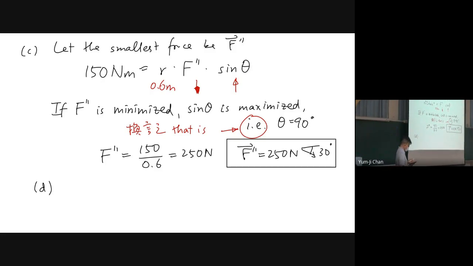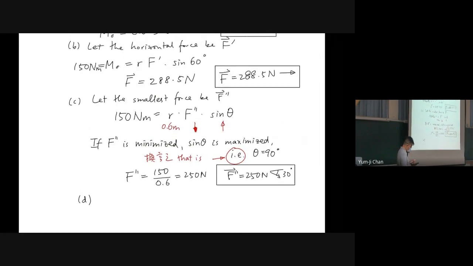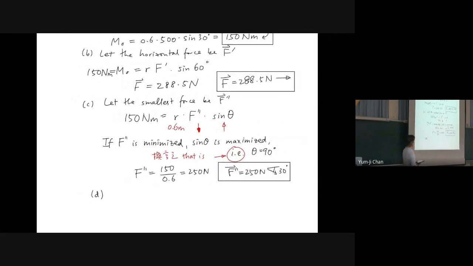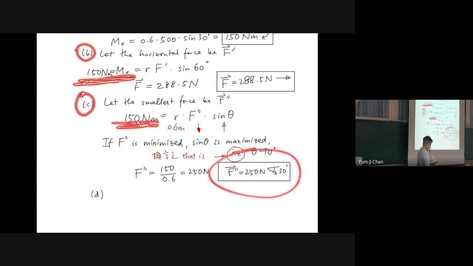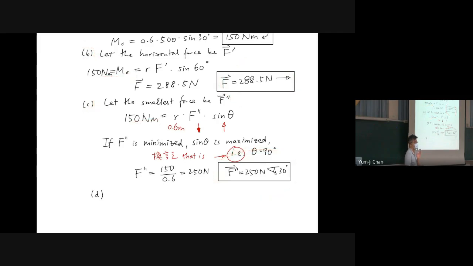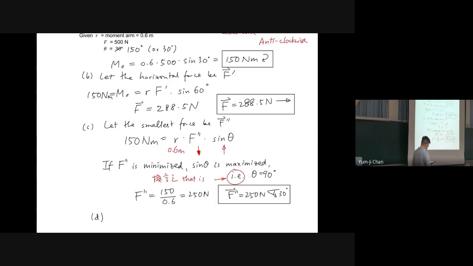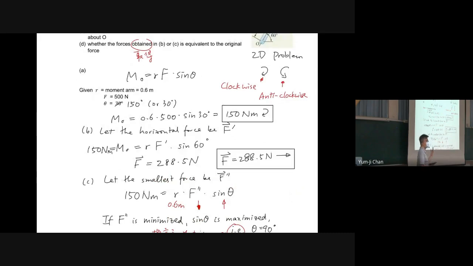In part B and part C, we have fixed the moment to be the same. The moment is the same, but the forces are different. In part D, are we talking about the moment or the force? We are talking about the force.